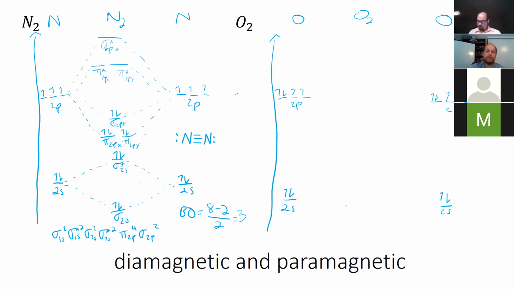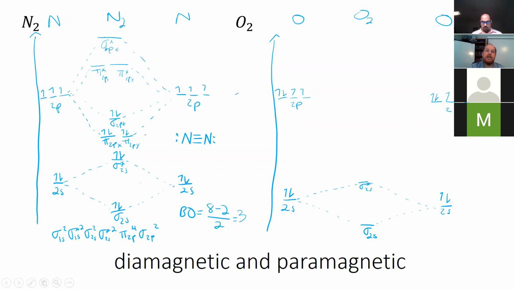Okay. So we construct these initially in the same way. The sigma 2s and sigma star 2s are still formed in the same way that they were on nitrogen. So sigma 2s, sigma star 2s. Okay.